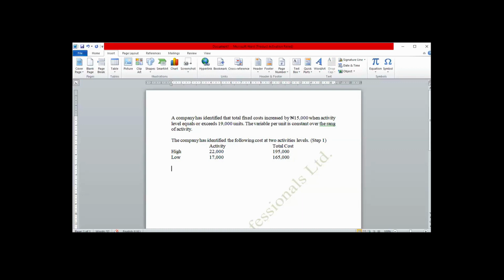They have different fixed cost components in the total cost. So we have to make them be at the same level. So it's either that we add to the lowest cost, or we deduct it from the highest total cost.